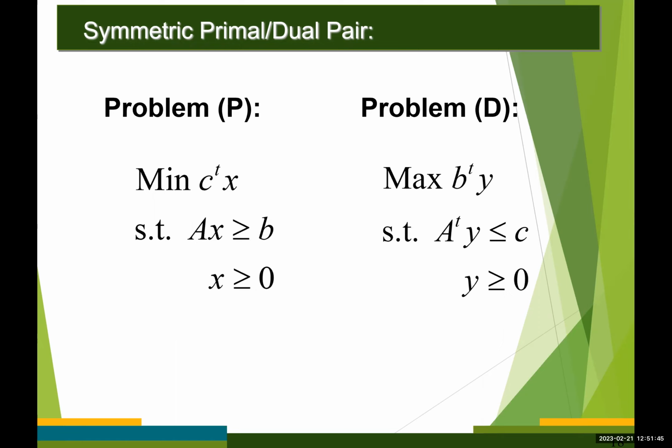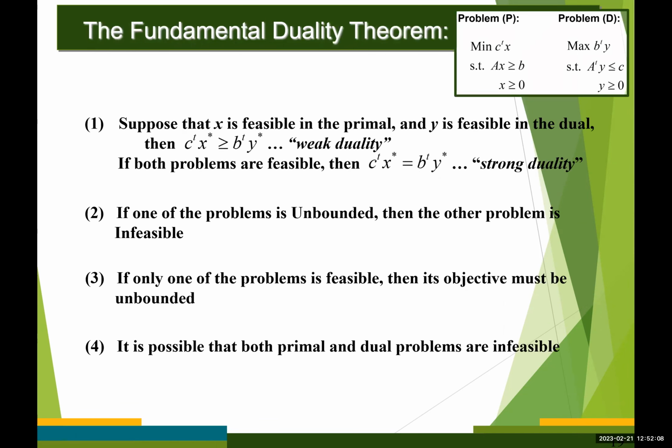So again, we consider the primal LPs in the inequality form like that. The primal and dual LPs are symmetric. So we consider again a symmetric primal dual LP like that. The first theorem is referred to as the weak duality.